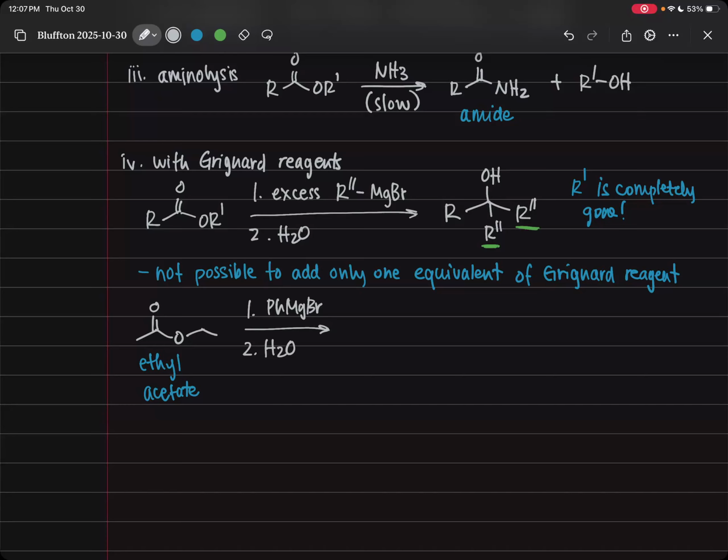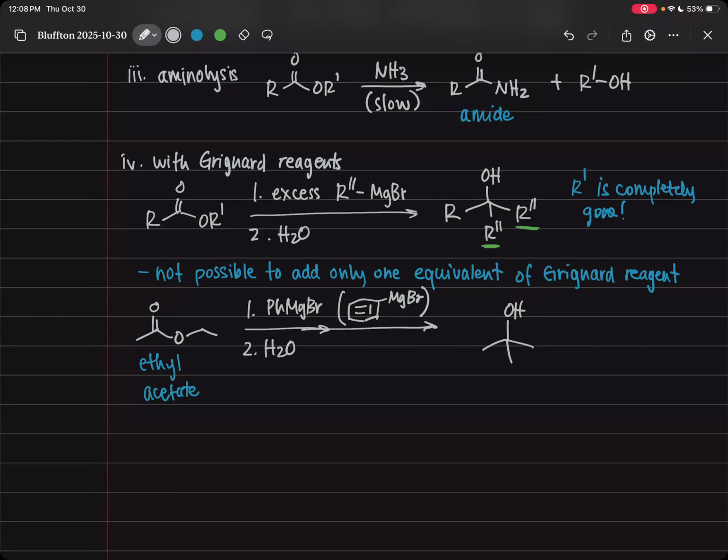So if we add phenyl magnesium bromide, which is just a benzene ring with magnesium bromide on it, what are we going to get? Okay, well, we're going to have a tertiary alcohol. So an alcohol with three things on it.